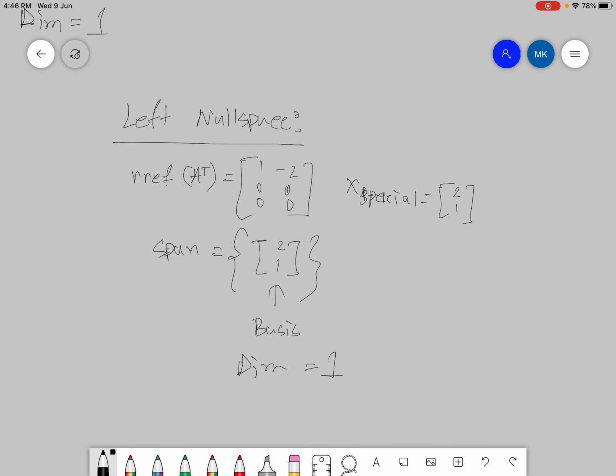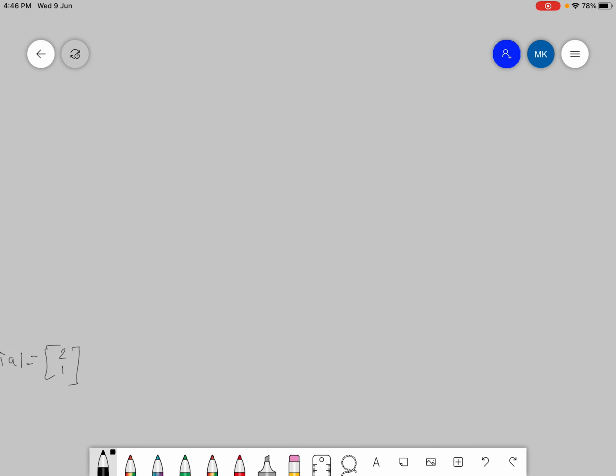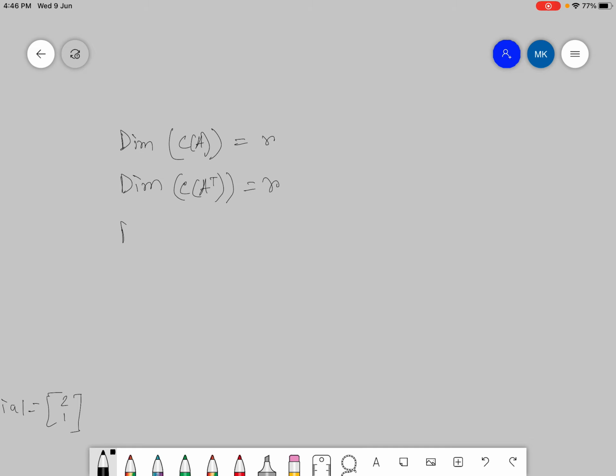Okay, so is it true, as in the previous part we wrote, that the dimension of the column space of A is basically the rank of the matrix, the dimension of the row space is basically the rank of the matrix, the dimension of the null space of A is basically n minus r, and the dimension of the left null space is basically m minus r?